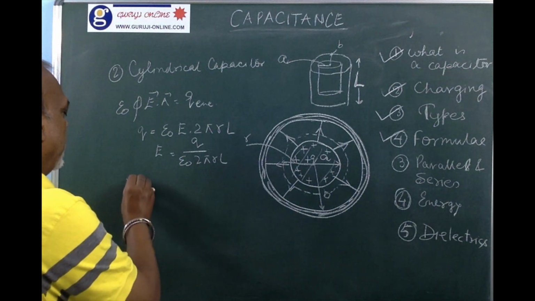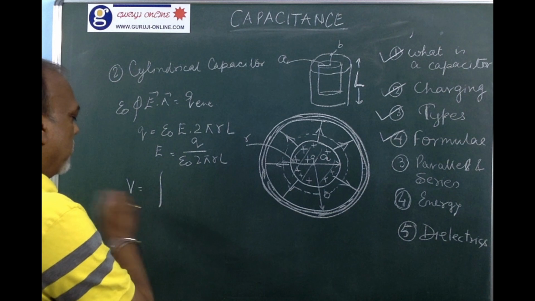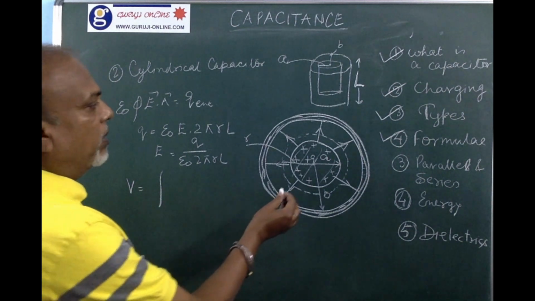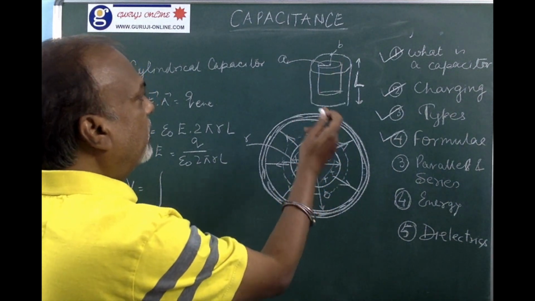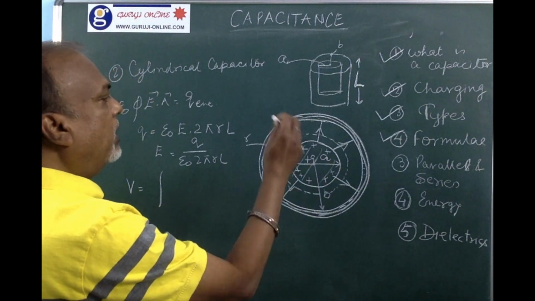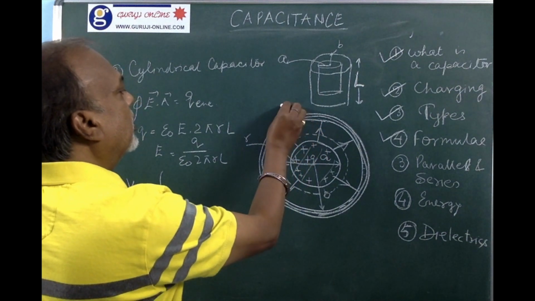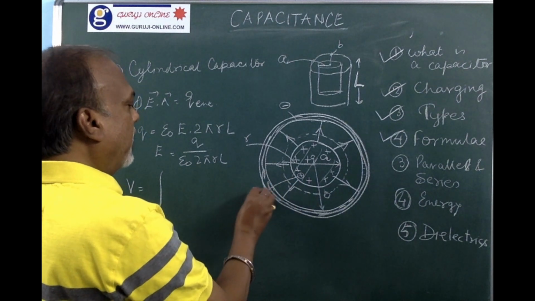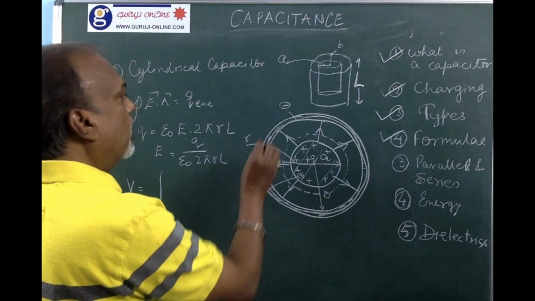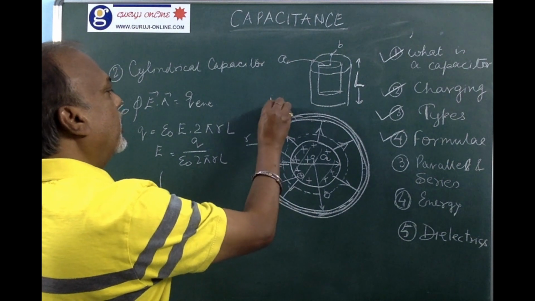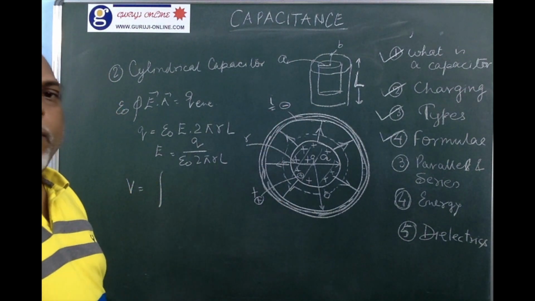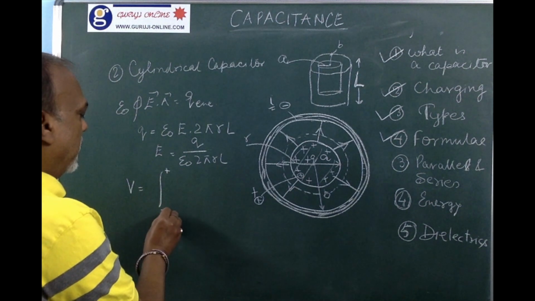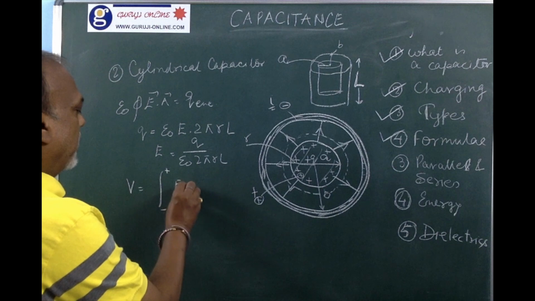Now what is V? We have taken, as in the parallel plate, minus as initial and positive as final, correct? Please remember all these things. So our formula was V equals minus integral from initial to final of E ds.